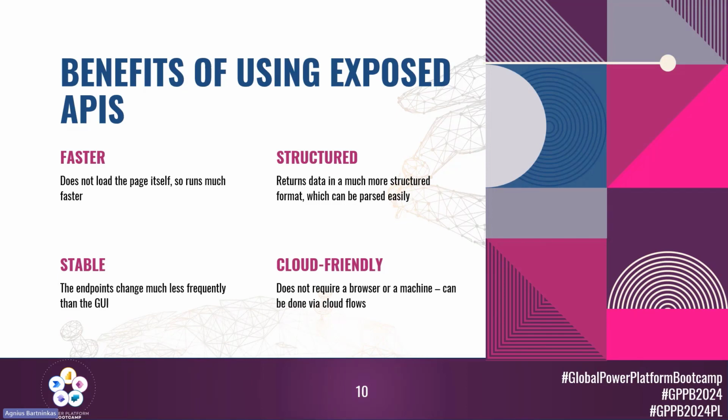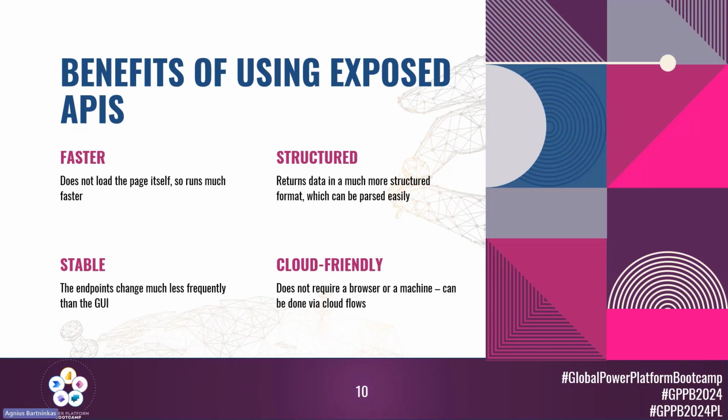It's much more stable because these endpoints change much less frequently than the user interface. And even if they do change, the changes don't always break the flows because, even if more features are added, more endpoints are added, or more data is added to an endpoint you're already using, that doesn't necessarily break your flow because, as long as the endpoint itself works and it returns the data you expect it to return, your flow is good to go.